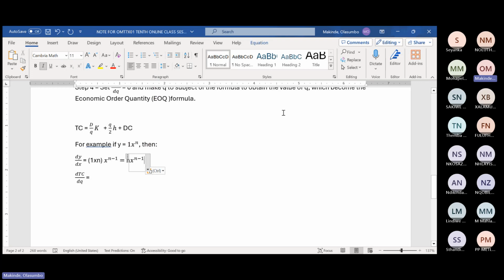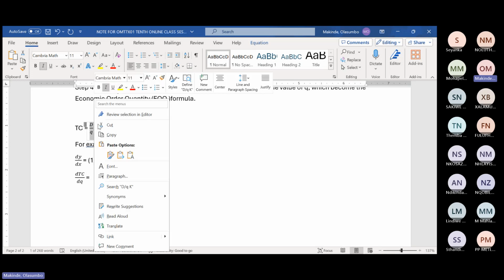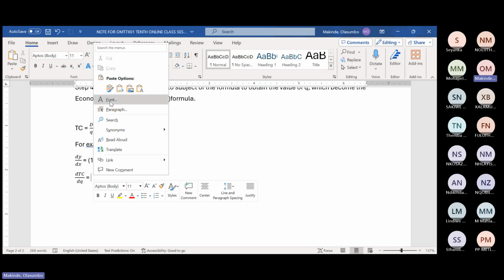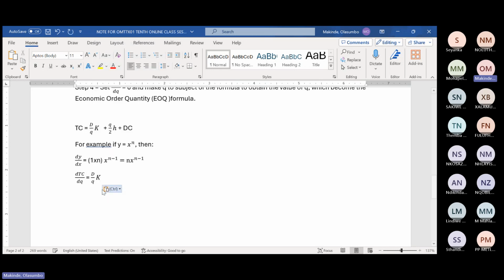So if I follow the same principle now, don't forget, I want to differentiate TC with respect to Q. So it's better to make the expression look like Y equals X raised to power N. I can split this because I want Q to be on top, so that it looks like something in the form of X raised to power N. I don't want a fraction. Then I can follow that principle to the letter.